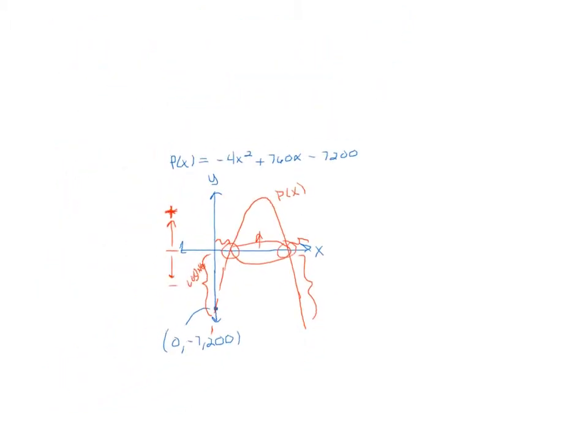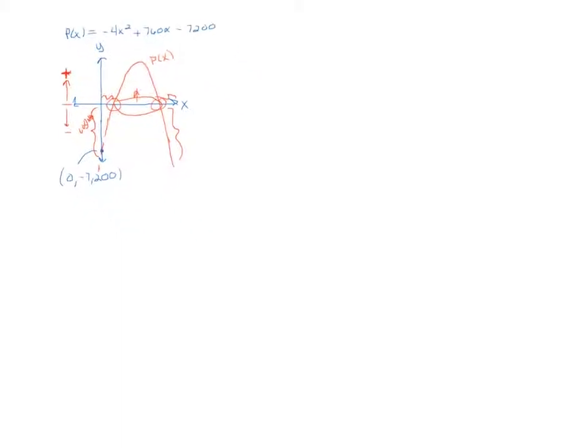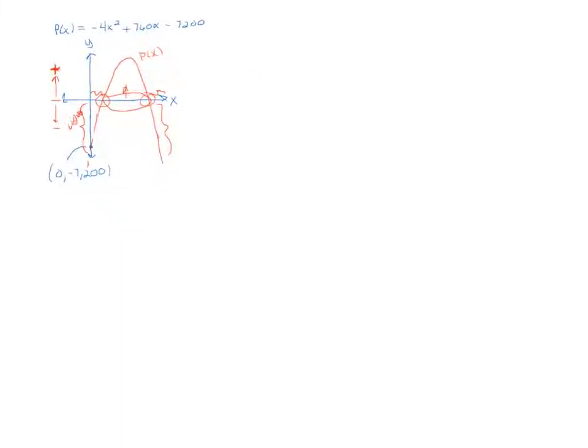So what I would suggest is that if we find the x-intercepts, then we can determine, just by plugging in points to the left and to the right of those x-intercepts, over which interval the company is going to be making profit, or which interval it's going to be losing money.